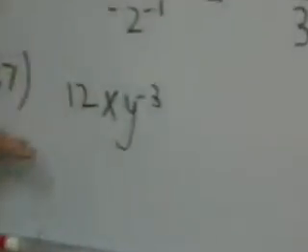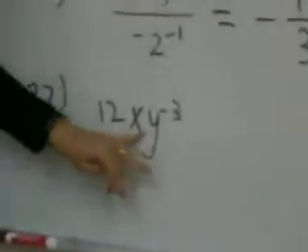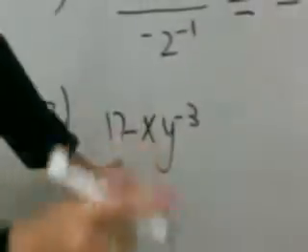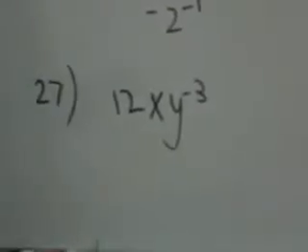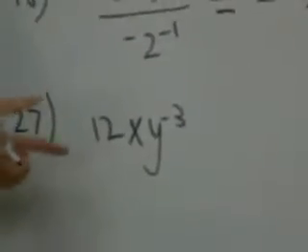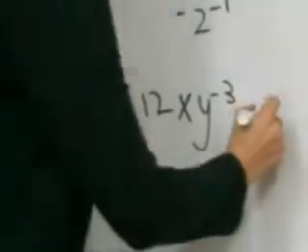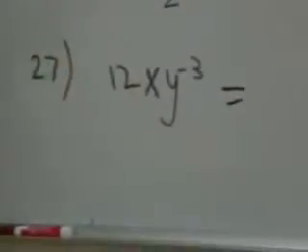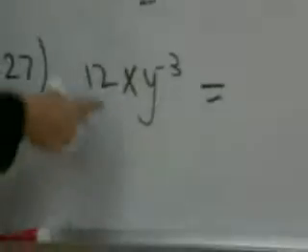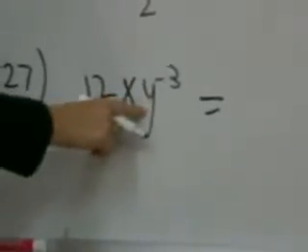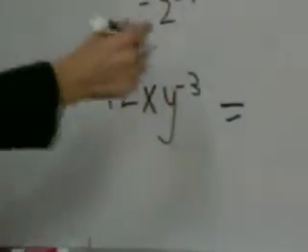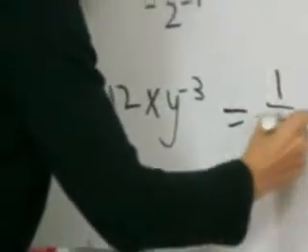Now the next one is a little bit different. Here we're dealing with variables, and the question says write each expression so it contains only positive exponents. So we're just going to rewrite it so that we don't have any negative exponents in our expression. So we know that y to the minus 3 is the same as 1 over y to the 3.